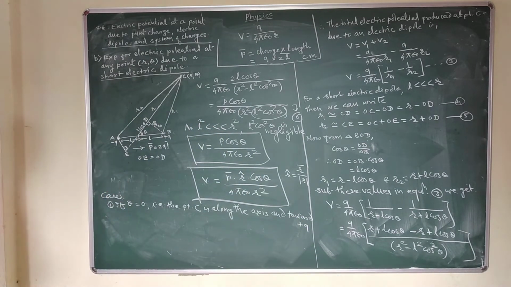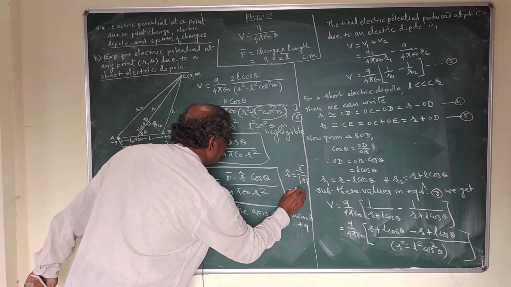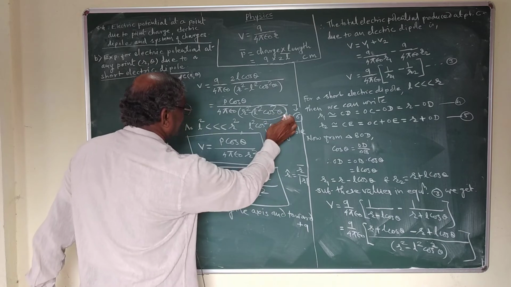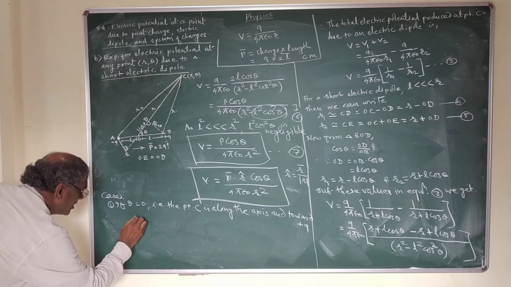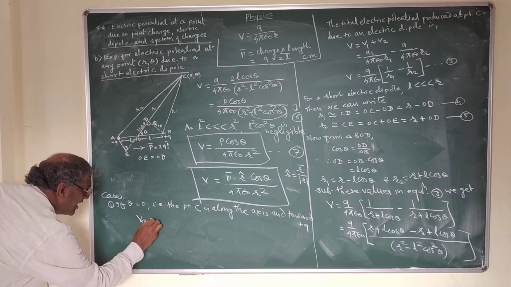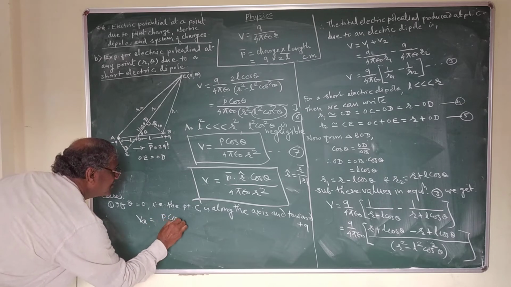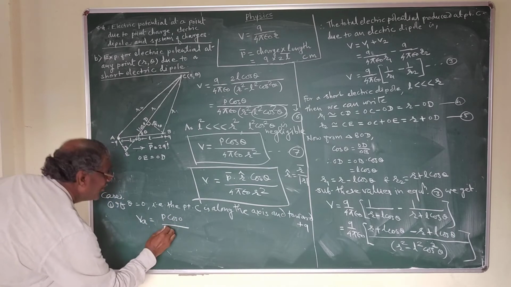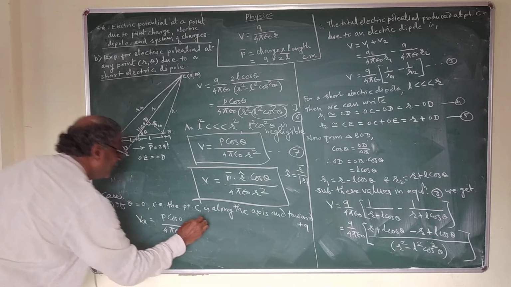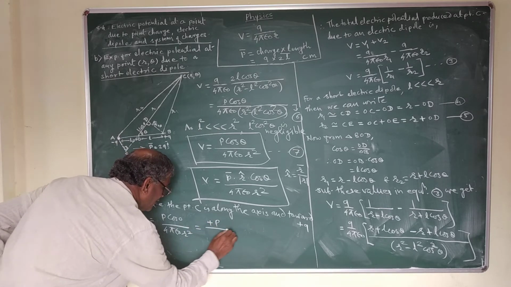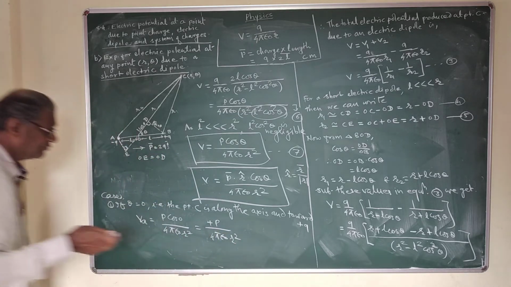Towards the plus q charge. So in this equation, equation number 7, the electric potential produced along the axis, VA, is equal to P cos 0 upon 4 pi epsilon 0 r square, that is positive electric potential, plus P upon 4 pi epsilon 0 r square.